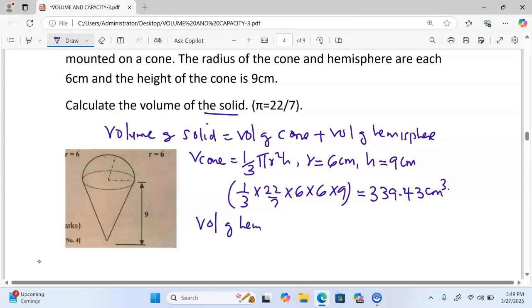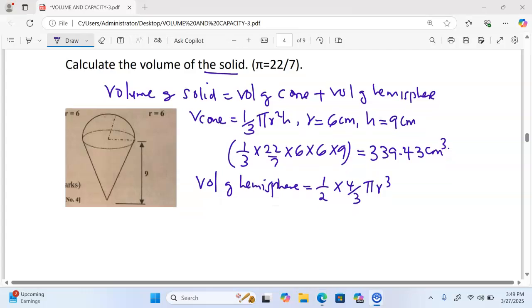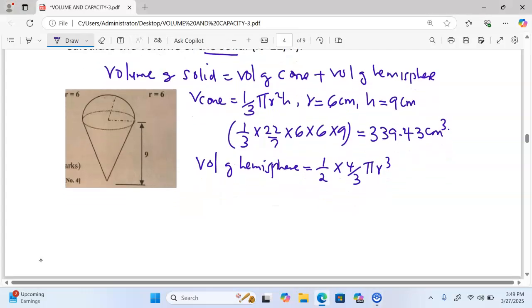Once we are through with the volume of the cone, we can now move to the volume of the hemisphere. Remember, the hemisphere is half of the sphere, and therefore the volume is given by half times 4/3 pi r cubed. We can now substitute. This is going to be half times 4/3, multiplied by pi, which is 22/7, multiplied by the radius cubed, that is r times r times r.